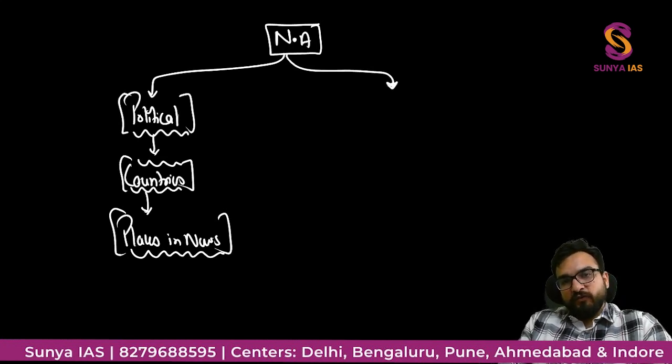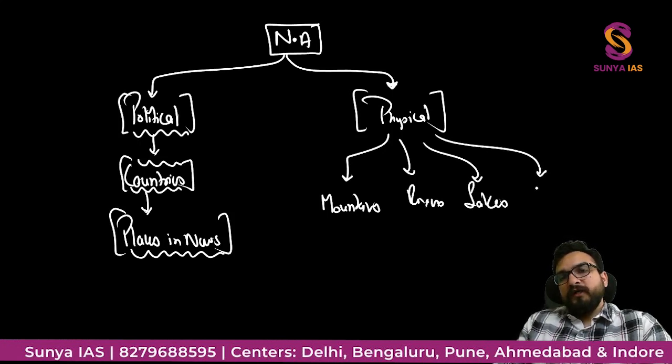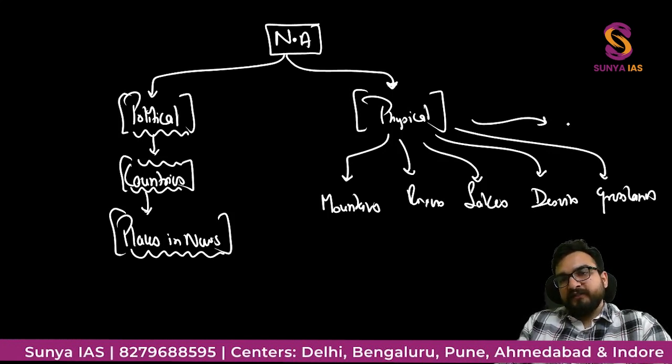Second aspect which we have to touch today related to North America is the physical feature, basically, guys. And a physical feature, we are going to understand it in the form of mountains, rivers, important lakes, important deserts, grasslands, islands, and you can say straits also, the miscellaneous I can add, right?